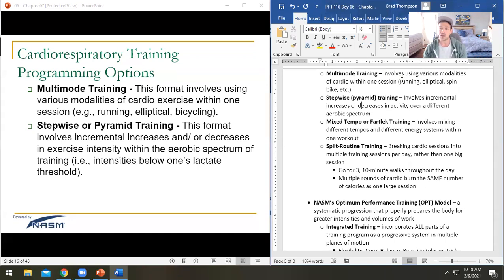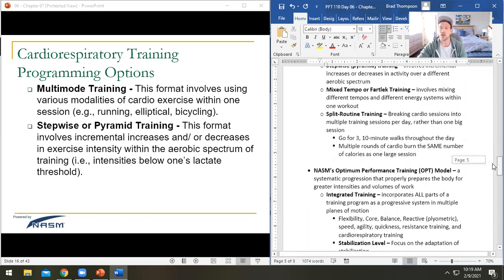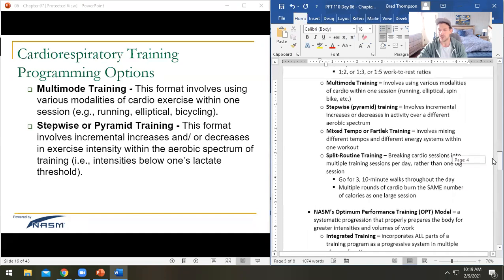That's a fun way to do cardio that keeps your client from getting bored. And it ensures that you're leveling out your volume. It's mixing up different muscles. You're not overtraining any one particular thing. Kind of a fun way to do it. And if you call it the cardio sampler, people just think it's a fun name.